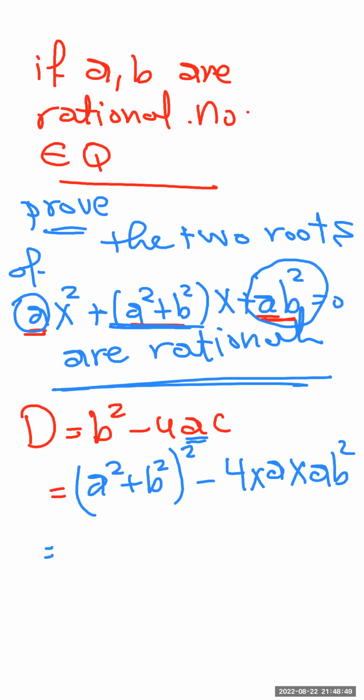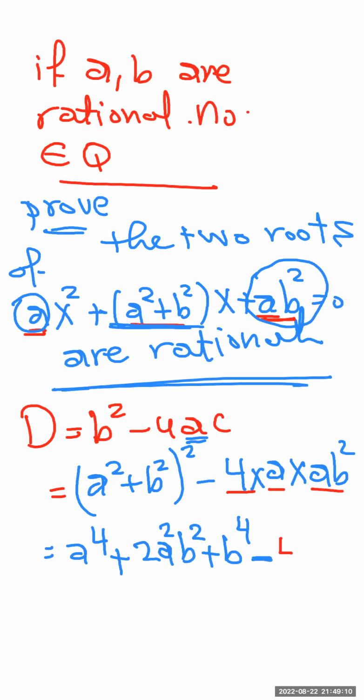Okay, so this one to the power 2: first squared, a to the power 4, plus first times second times 2, 2a squared b squared, plus second squared, b to the power 4, minus, now multiply 4 by ab squared, 4a squared b squared. Okay?